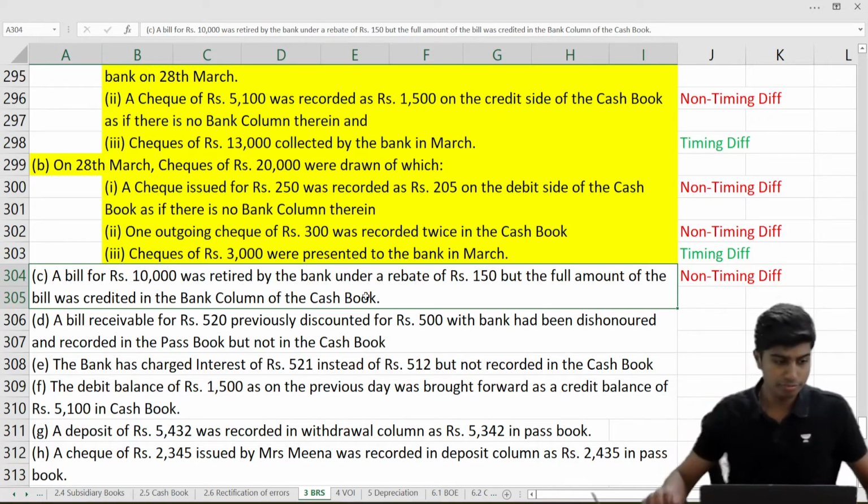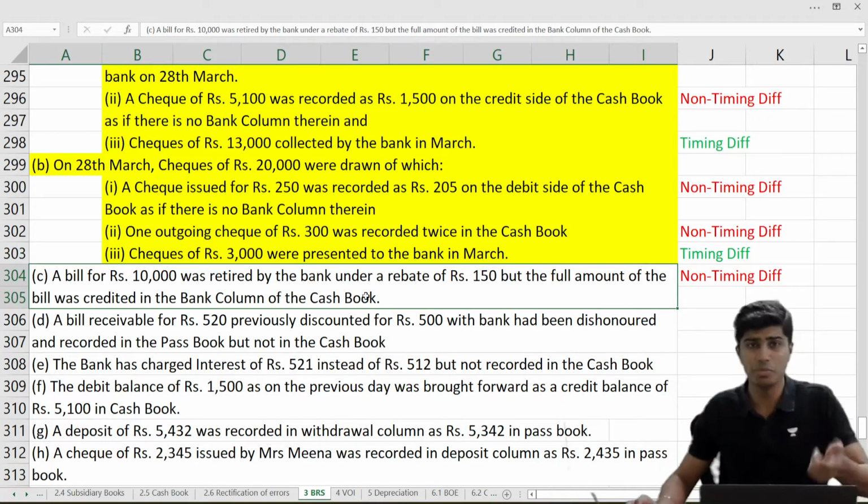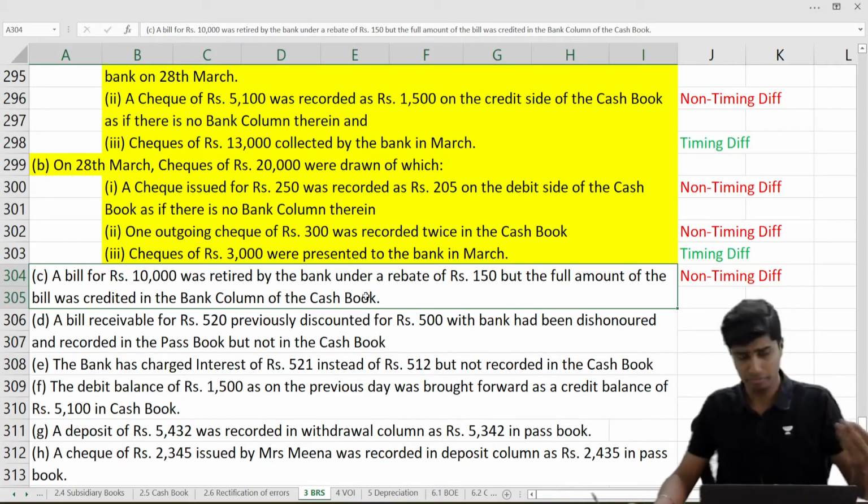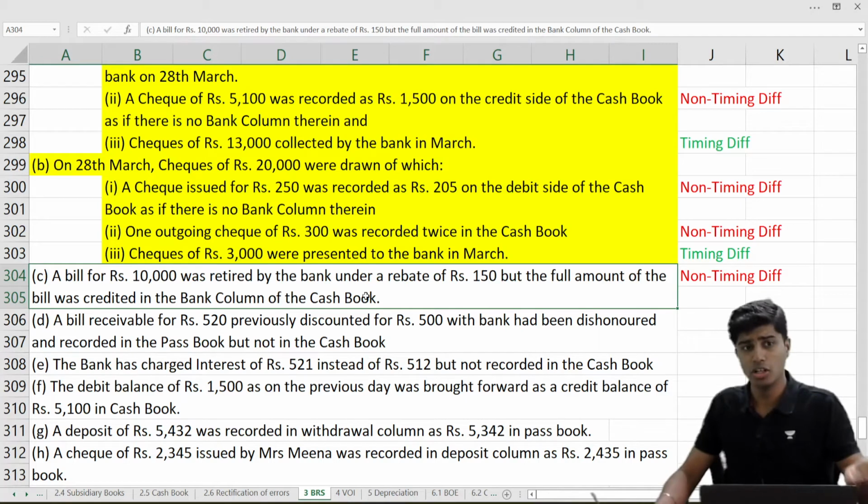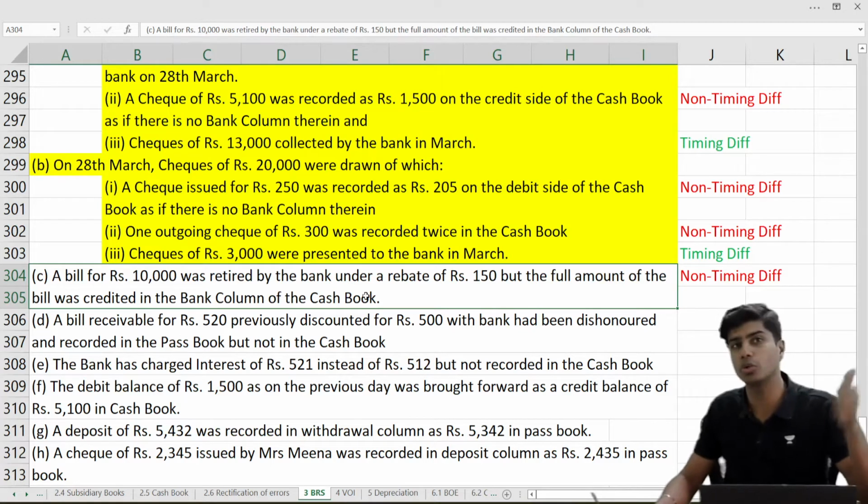In short, the journal entry: this bill is retired now, so we receive this bill back. It's our bills payable, so the journal entry will be bills payable to cash. If it was on the maturity date, I would have written bills payable to cash 10,000.